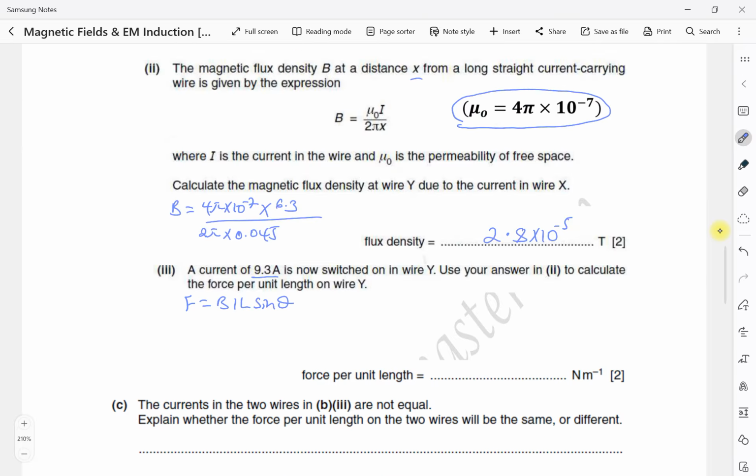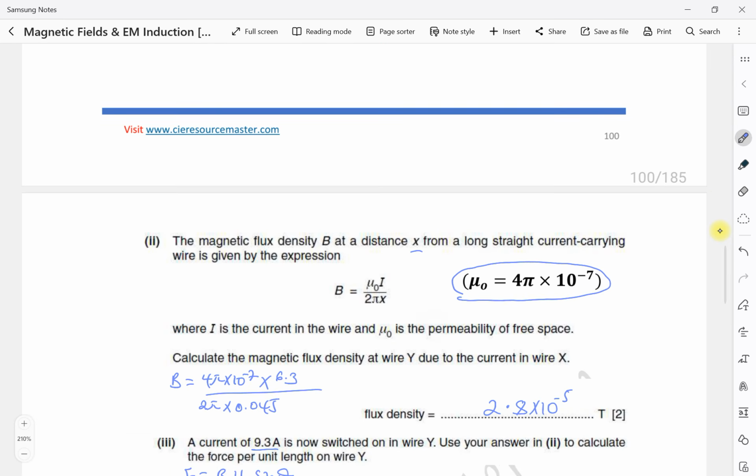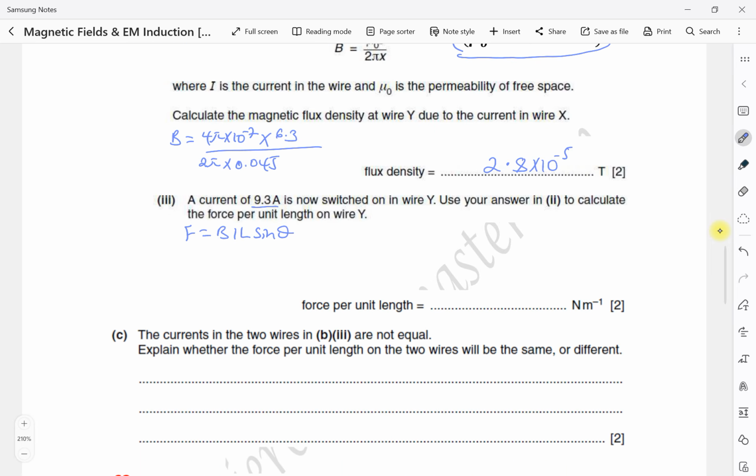Of course, the magnetic field is in the horizontal plane and the current is in the vertical plane, so the magnetic field is perpendicular to the current. So the force per unit length, F over L, is going to be BI sine theta, where sine theta equals 1 because they are perpendicular, which means theta equals 90 degrees.